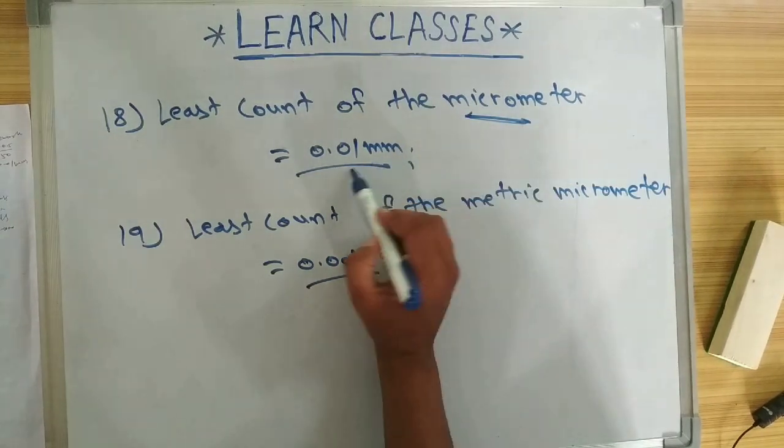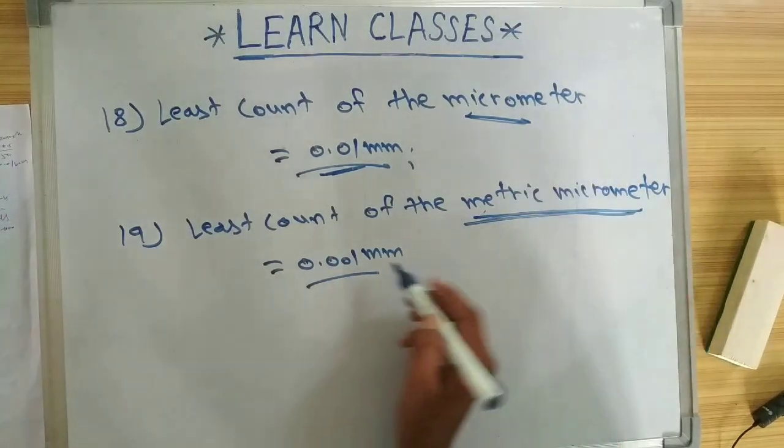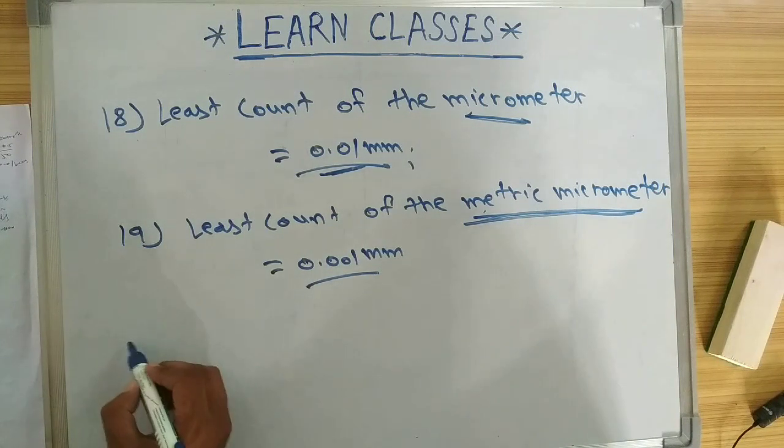Note, in the micrometer least count is 0.01 and in the metric micrometer least count is 0.001 mm.